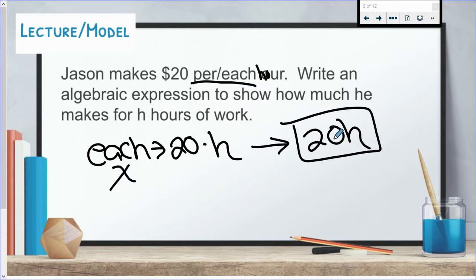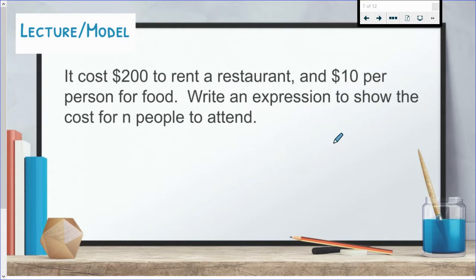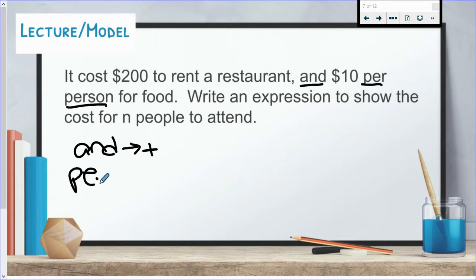All right, let's keep going. It costs $200 to rent a restaurant, and that is going to be a keyword, and, because that always means we're going to add something. $10 per person is kind of like each. It's always going to mean to multiply. So we have two different things going on.